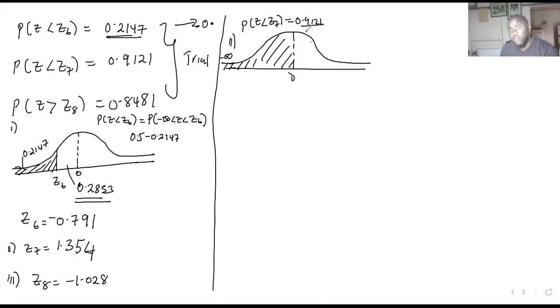If it exceeds 0.5, proceed and borrow more space in the positive. But because you don't reach maximum 1, it must stop somewhere as Z7. So in actual sense, read this probability of 0.4121. What value has given you that probability? That is how Z7 became 1.354.